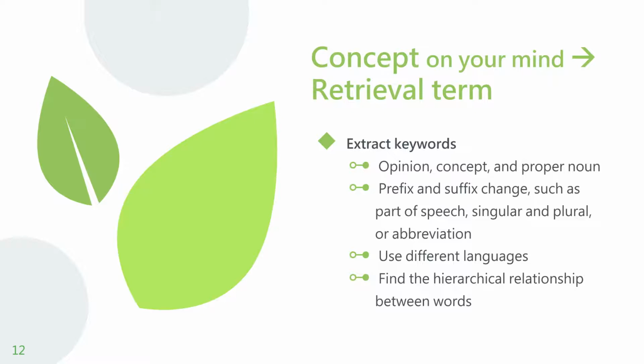When searching, you can use different types, like shifting parts of speech, singular and plural, or abbreviations. In addition, language is an essential element for other subject domains. Furthermore, find a hierarchical relationship between words, including broader, narrower, and related terms.